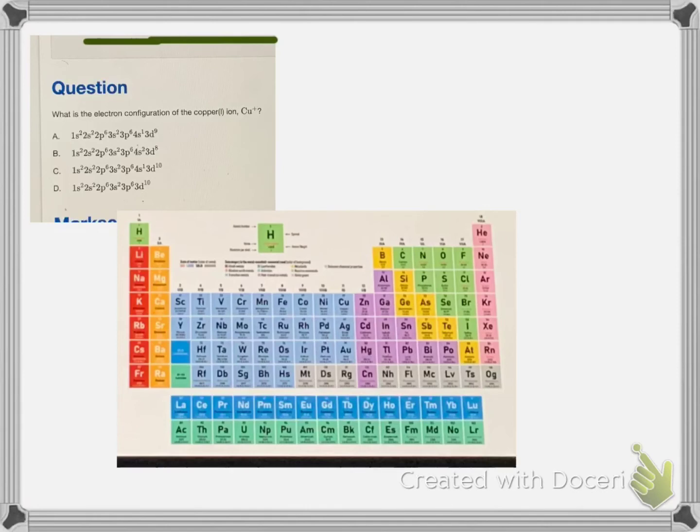Now, generally, from the chemical point of view, the electron configuration of copper, to condense it, is argon 3d10 4s1. That's the normal configuration of copper itself in the neutral state.